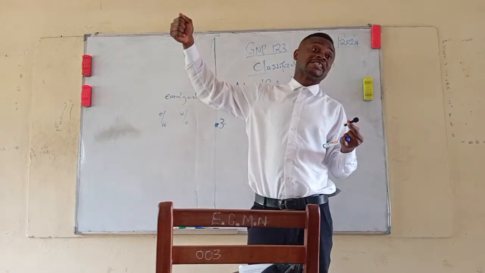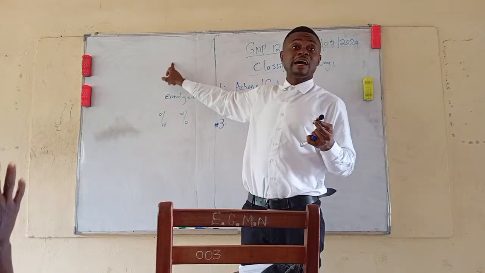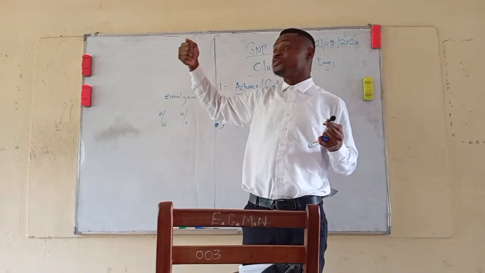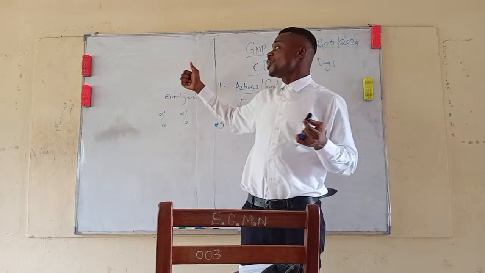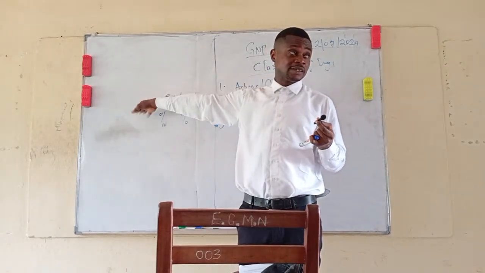You think it is gas that is coming out, but when it touches the surface, liquid will appear on the surface. There are some where a solid will appear. Am I communicating?